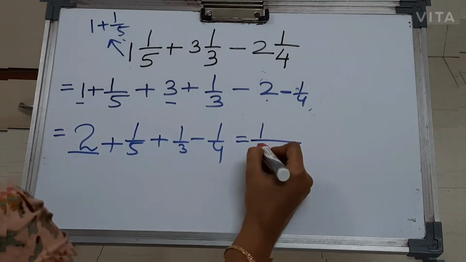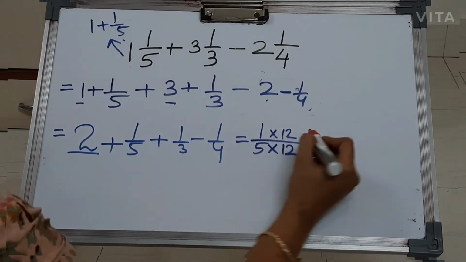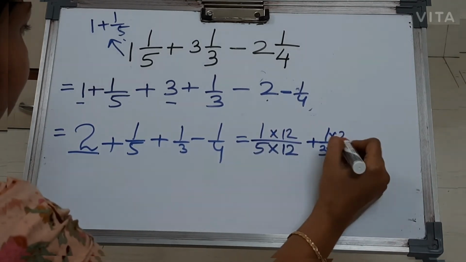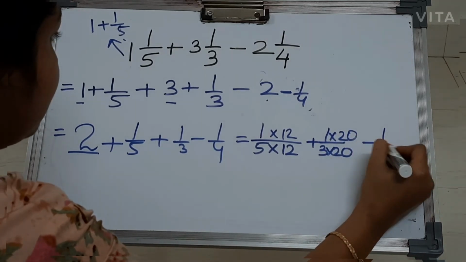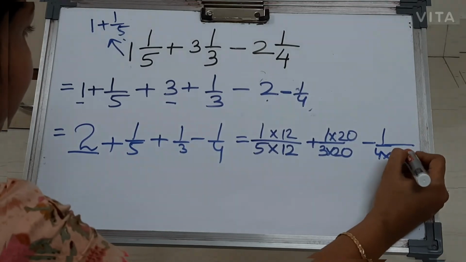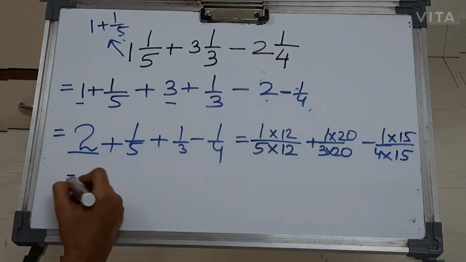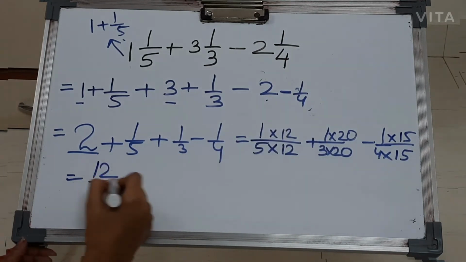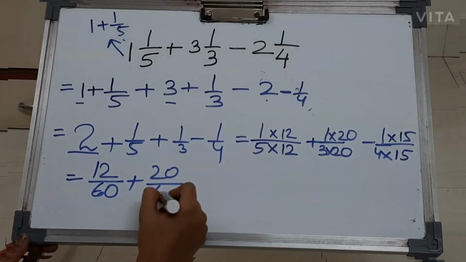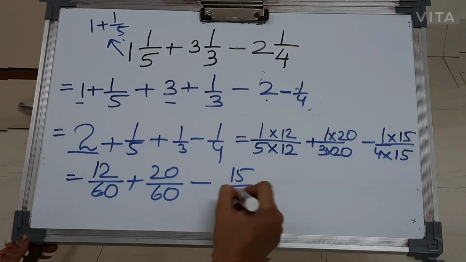Now we will make the denominator the same. 1 by 5 into 12 is 60, plus 1 by 3 into 20 is 60, minus 1 by 4 into what will we do, it will come to 60, 15 fours are 60. Okay. Now 12 ones are 12 by 60 plus 20 by 60 minus 15 by 60.